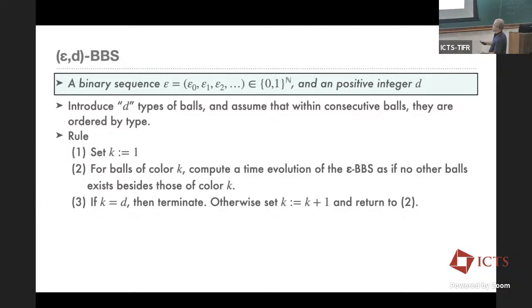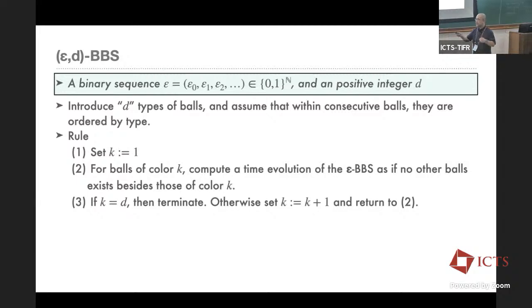The first one starts from the balls of color 1. Then the balls of color K compute the time evolution as in the epsilon BBS, as if no other ball exists besides those of color K. So the other colors are just neglected.